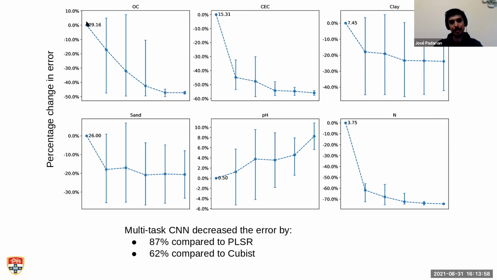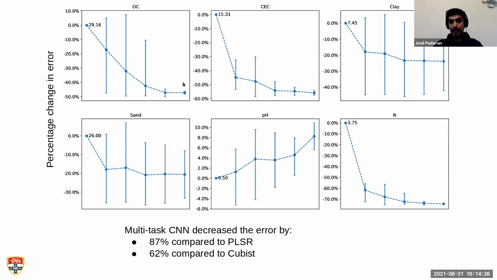So the first one is just a single property, in this case, organic carbon. Then the next one, we add another property, any other property. That's why you have a variation there. And then at the end, we just have all the properties predicted simultaneously. So in this case, we have different branches for each property, like I said before. So at the end, we do have a huge impact when we're predicting, in this case, 6 properties simultaneously.